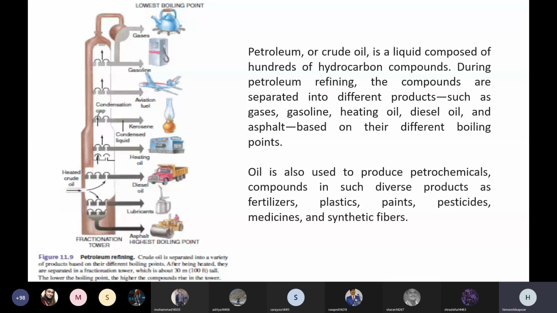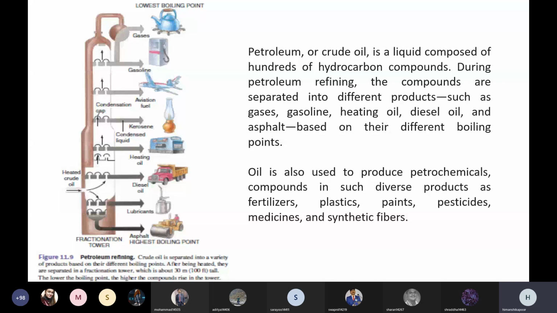It was formed from the remains of ancient microscopic aquatic organisms. You have to understand the difference between oil and coal. This is the major difference: oil was formed due to the burying and decomposition of aquatic organisms.